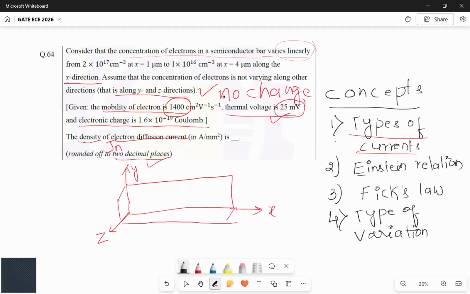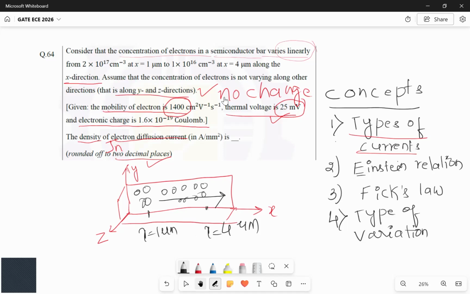Here x is equal to 1 micrometer, and here x is equal to 4 micrometer. The concentration of electrons is varying linearly along the x direction, not z and y. First we will understand the types of current, then we'll go for variations.